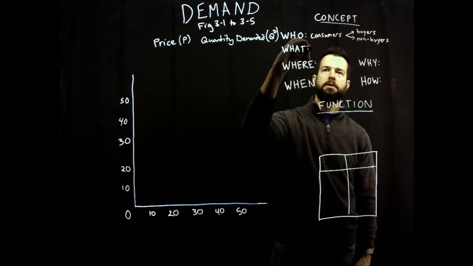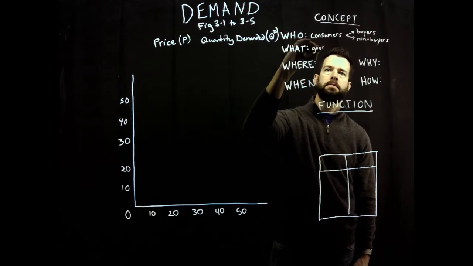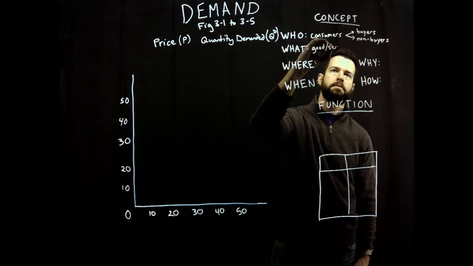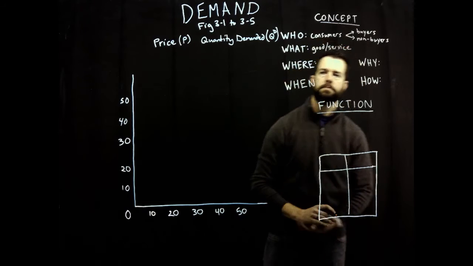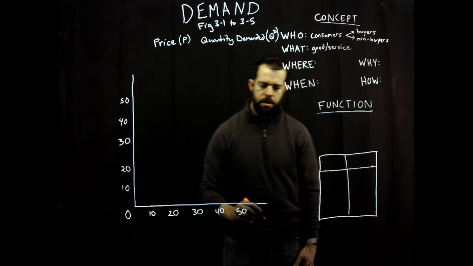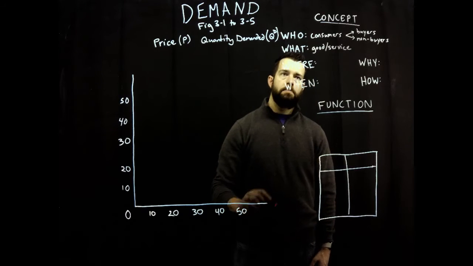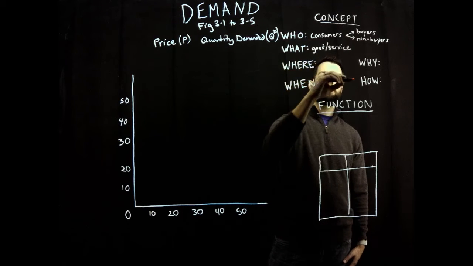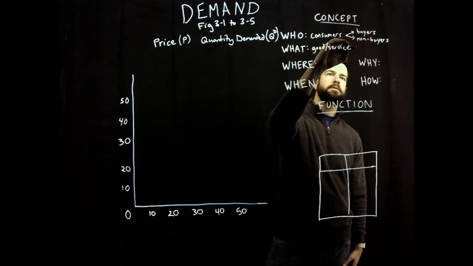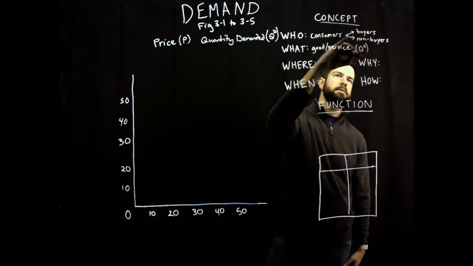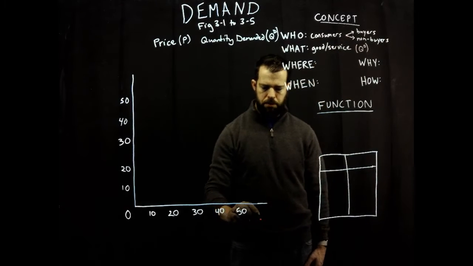Well, it's going to be a good or a service. In the case of the good that we're using in Chapter 3, that is barrels of oil, okay? And so what is going to be our quantity demanded here? It's going to be the quantity demanded of a good or service. In this case, it is barrels of oil.